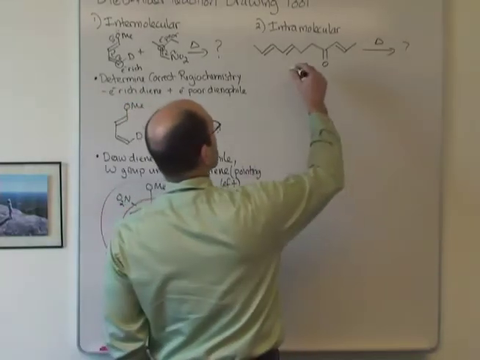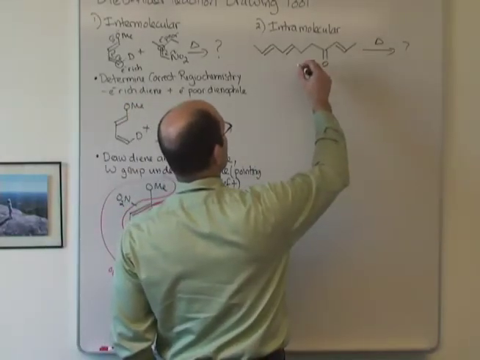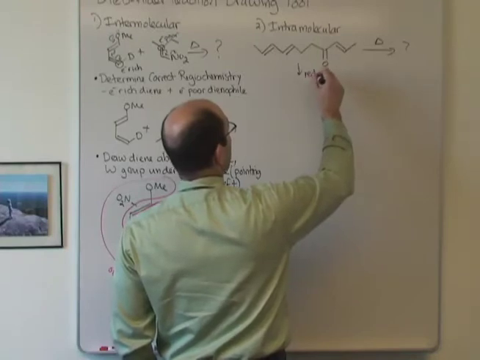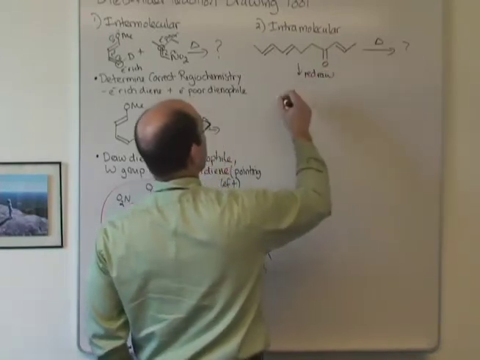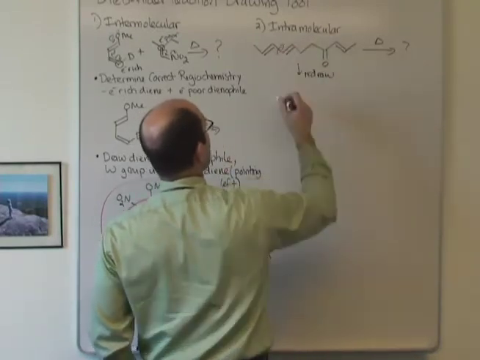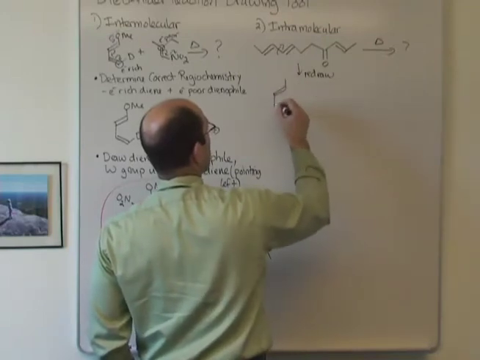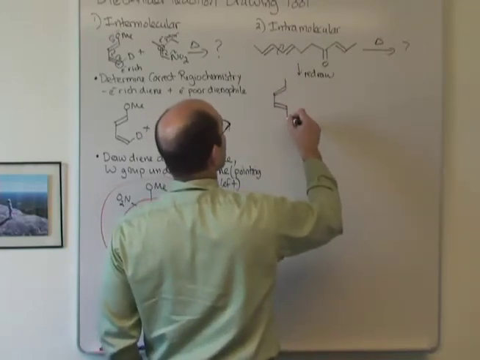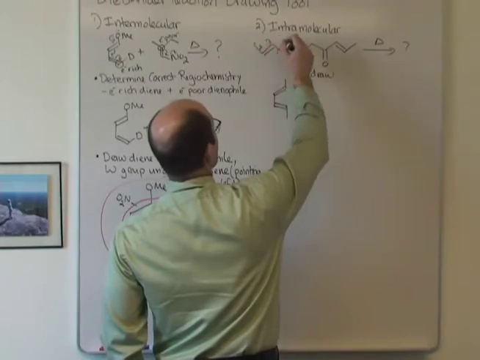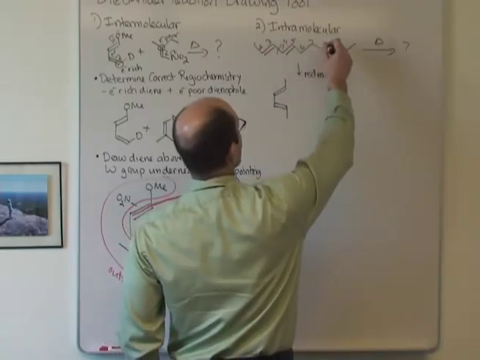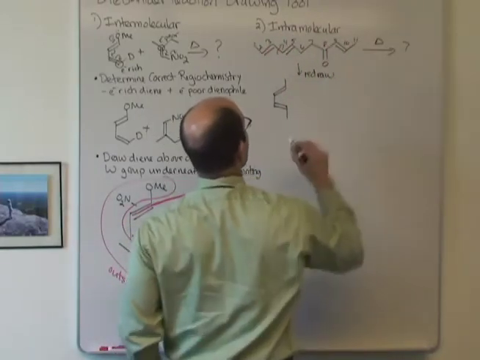So for something like this, let's just redraw it so it actually looks like a Diels-Alder can happen, right? So if we rotate this bond, 1, 2, 3, 4, 5, 6, 7, 8, 9, 10, 11. All right, we have 11.